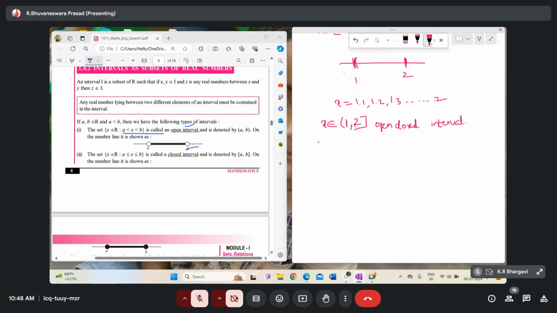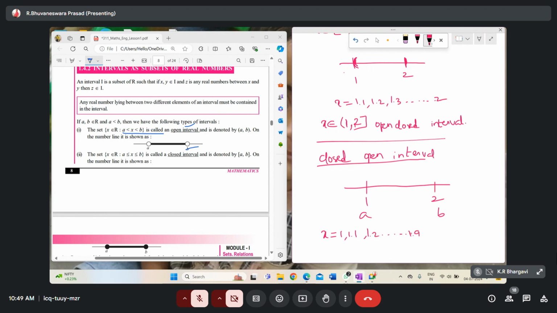And the next concept is closed open interval. So it means that when I am taking a number line between 1 and 2, this is A, this is B. I got x values 1, 1.1, 1.2, and so on up to 1.9. It's not included 2.